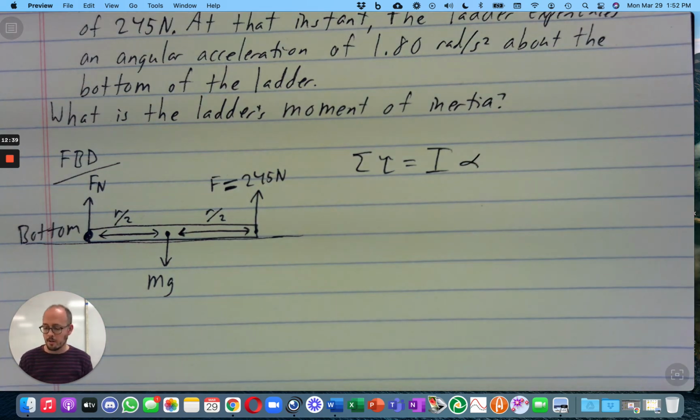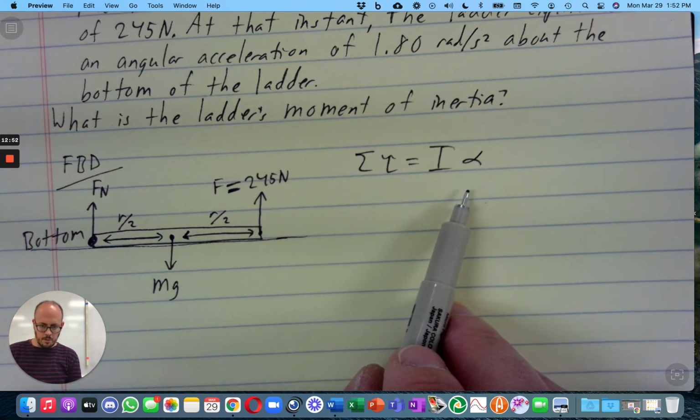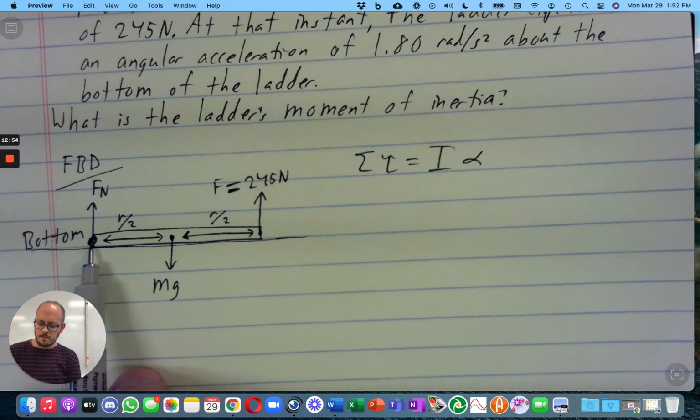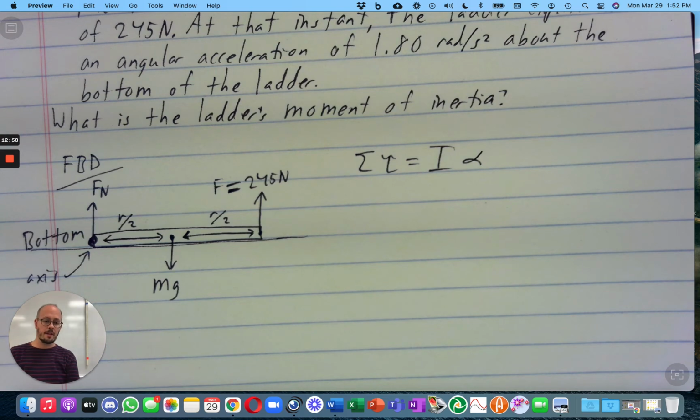Now, we have alpha, it's 1.80 radians per second squared, and so it's the net torque that is tricky. So I'm going to slowly expand this equation, and so now I identify the axis of rotation is going to be the bottom of the ladder, because when you lift one end of the ladder, the other end is going to stay put on the ground.